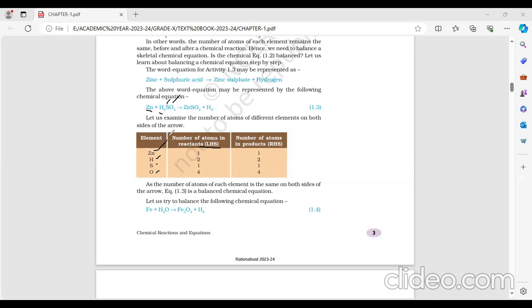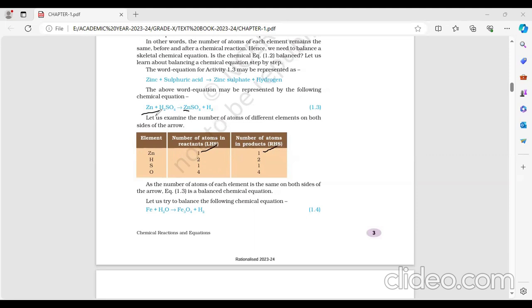So in the second column, the number of atoms in reactants, LHS meaning left hand side, and in another column, the number of atoms in the products, or right hand side. Zinc, how many on the left hand side? One. What about the right hand side zinc? One.